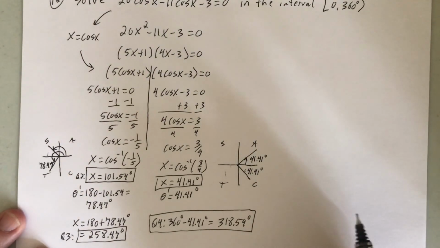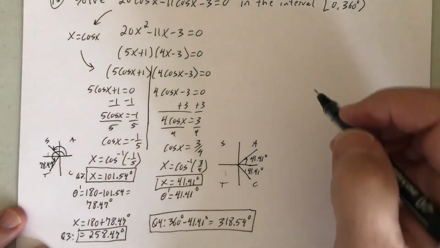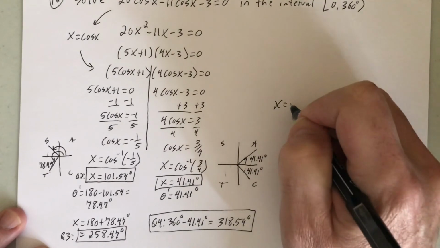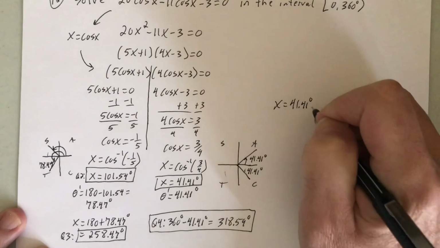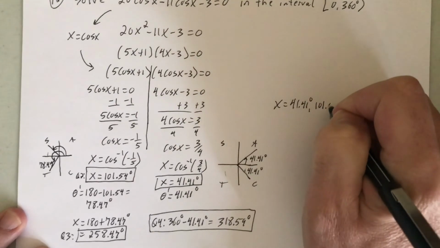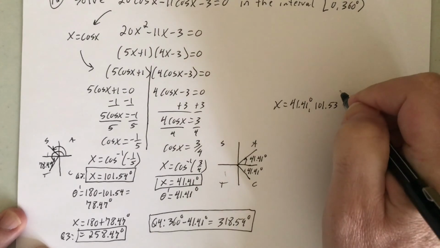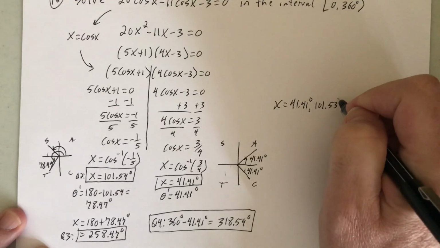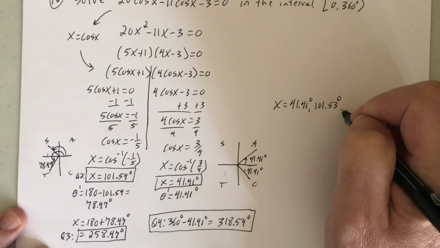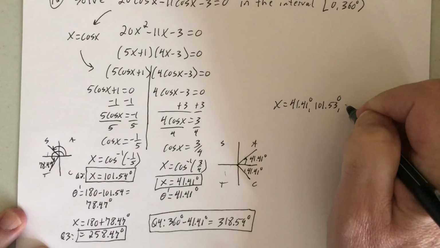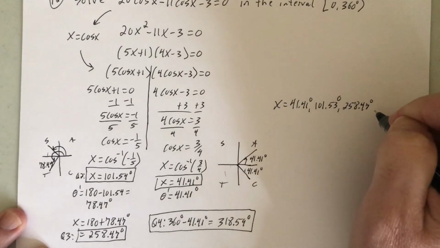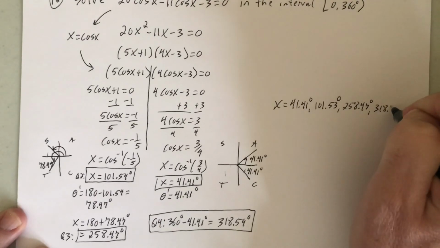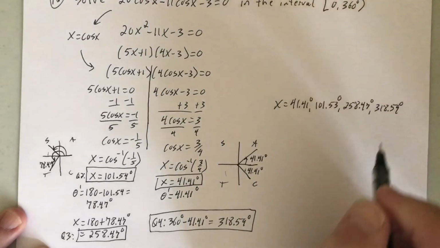And that gave us 318.59. So all we really have to do is just state, so x is equal to 41.41 degrees, 101.53 degrees, 258.47 degrees, and 318.59 degrees.